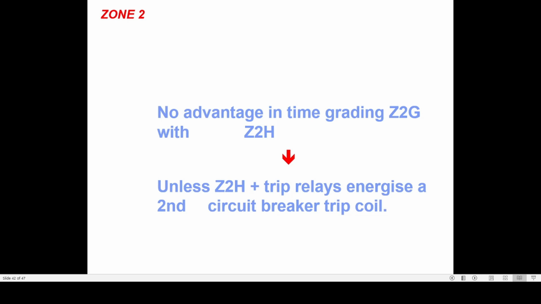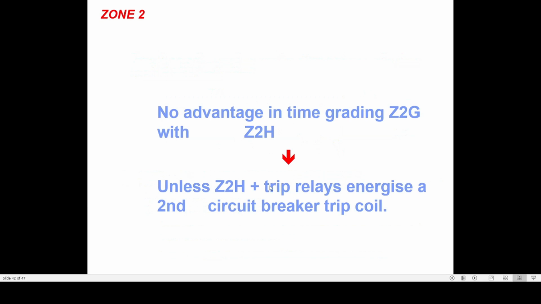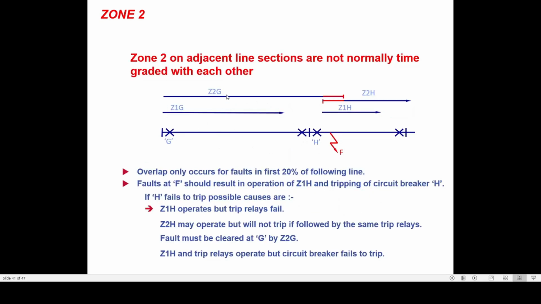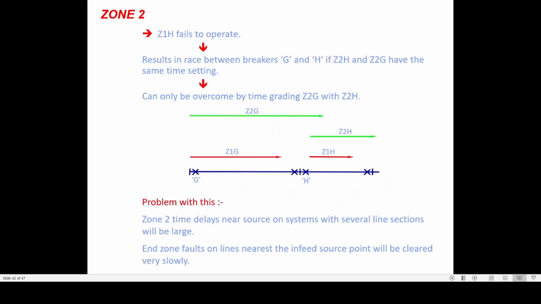So generally, if the relay at substation H operates and it doesn't isolate the fault, then we have to clear that fault only through zone 2 at substation G. And this is why zone 2 at substation G is not time graded with zone 2 of substation H. Now, if you are not time grading, suppose zone 2 of substation H is 500 milliseconds, zone 2 of substation G is also 500 milliseconds.